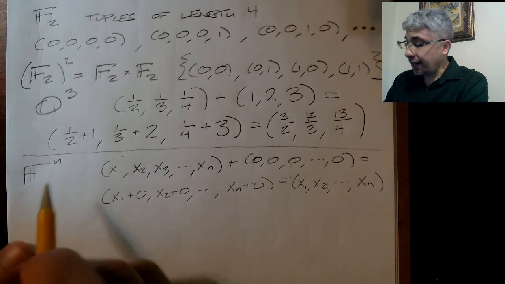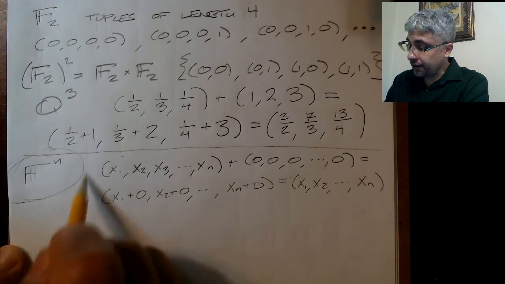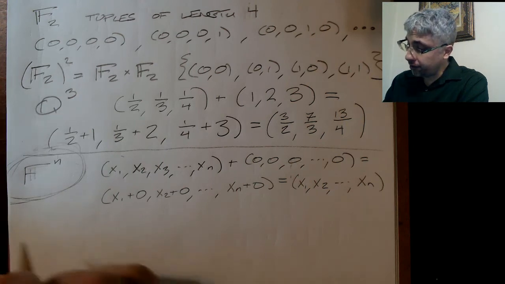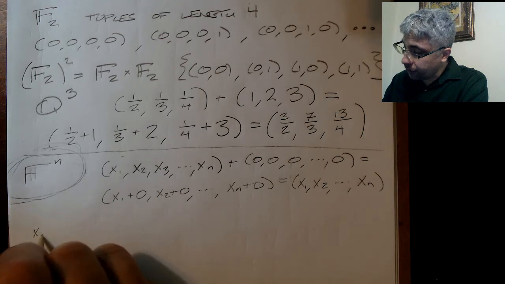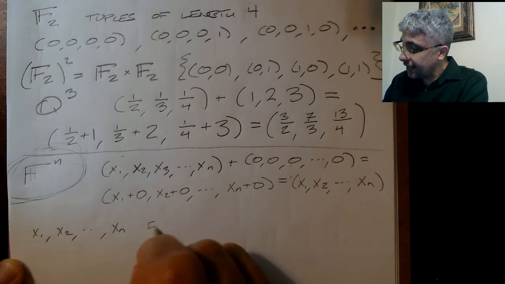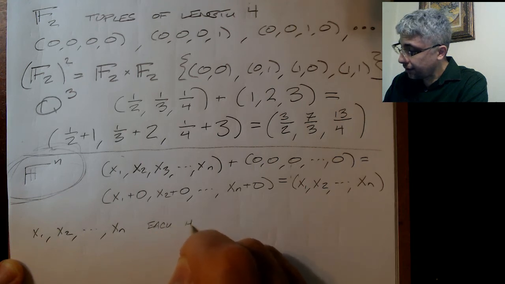So when I have this collection of lists, or the Cartesian product of a field with itself, if I define addition to be pointwise, I have an additive identity. I also have an additive inverse because I know that x1, x2, all these numbers through xn, they each have an additive inverse.